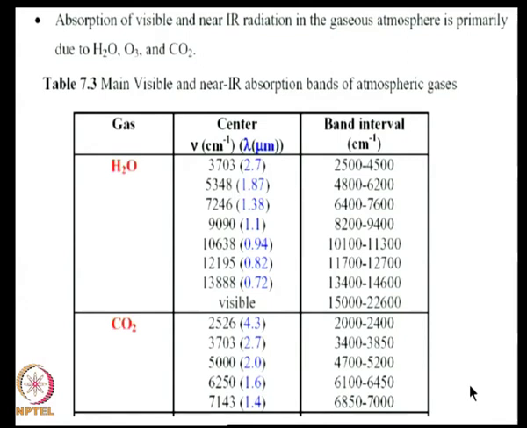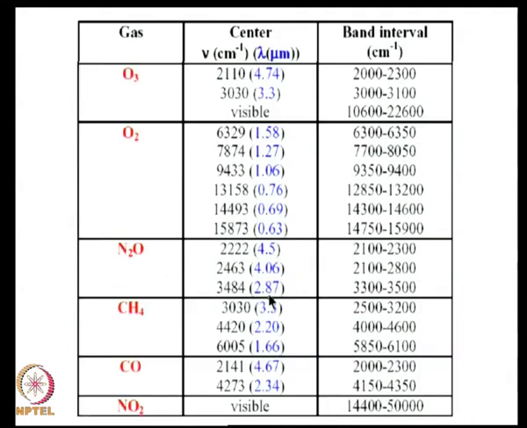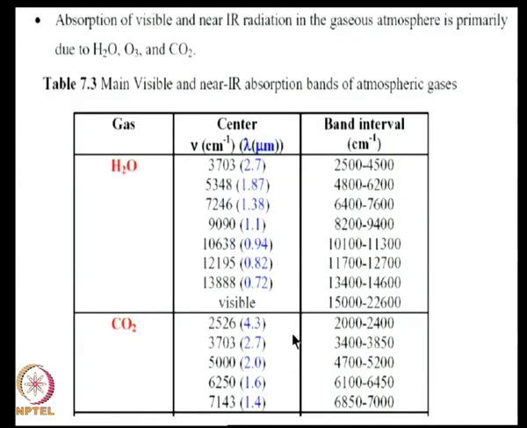Here are more examples of water vapor bands. You can see the water vapor band starts all the way from 0.72 micron, 0.8 micron, 0.9, all infrared, all these, 1.1, 1.38.